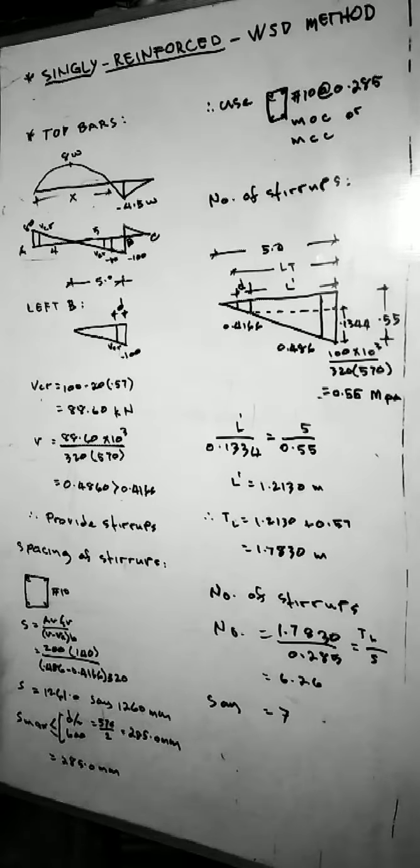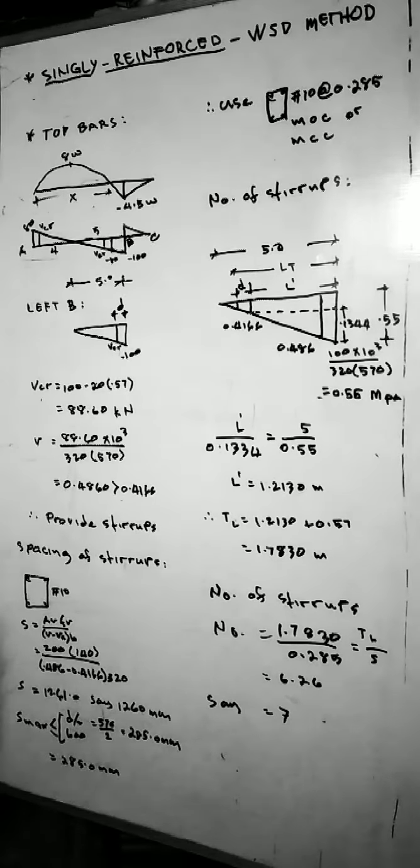The actual is greater than the allowable. Therefore, we have to provide a stirrup to support that excess of shearing stress over the allowable.